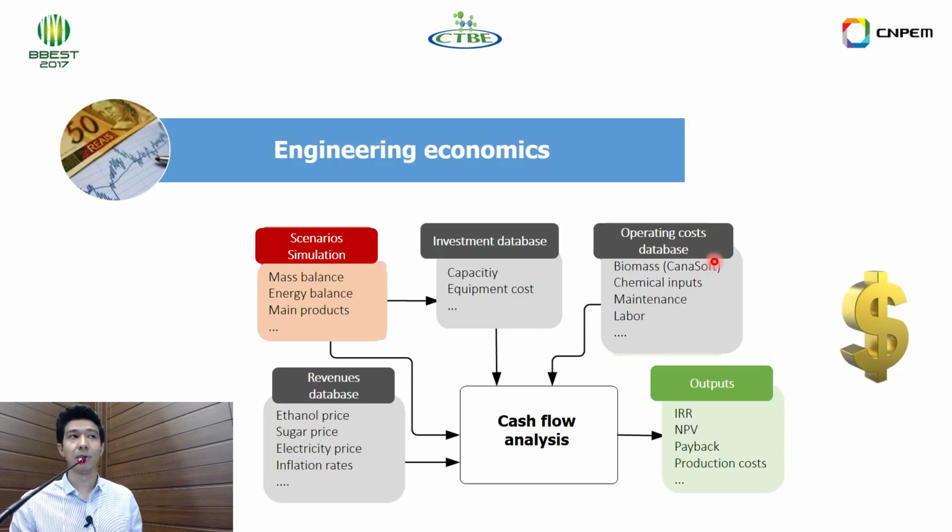So over the years, we have developed this kind of database that we can complement the analysis and then obtain the total operating expenditures. And the result of the cash flow analysis is basically represented in this green box. The main outputs are the internal rate of return, net present value, payback time, and production costs.